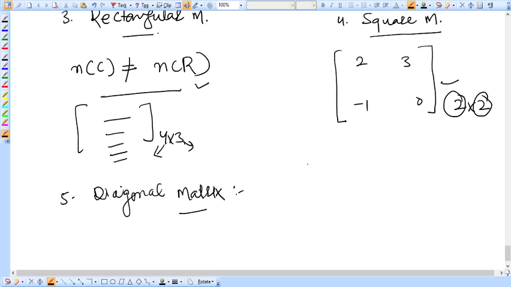For example, we have a square matrix of 3 by 3 order, so we can have 9 entries here.